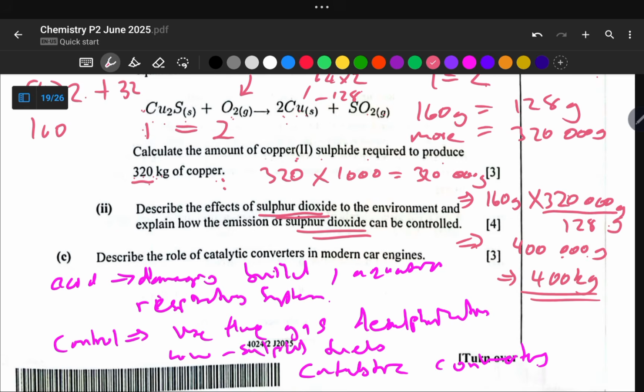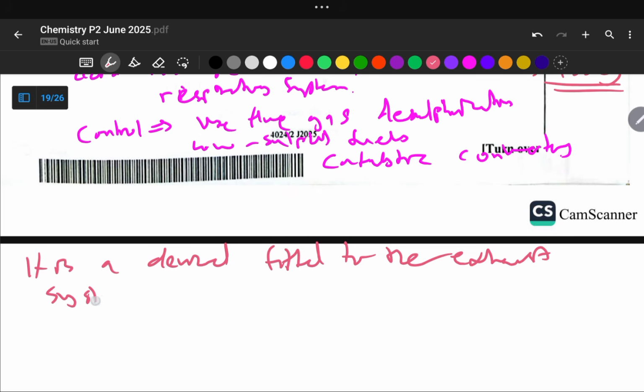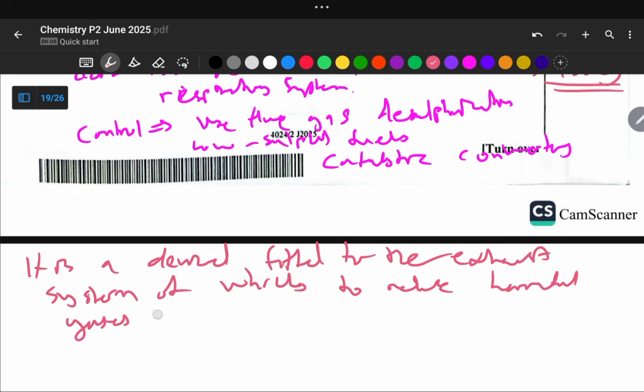So a catalytic converter is a device fitted to the exhaust system of vehicles to reduce harmful gases produced during the combustion of petrol, diesel, or any other fuel.